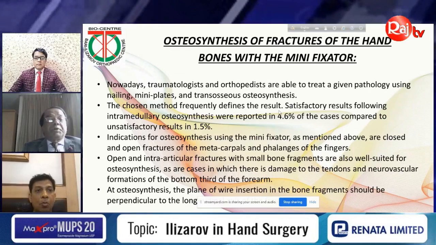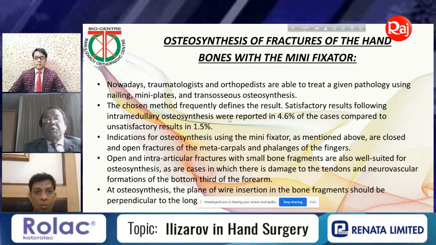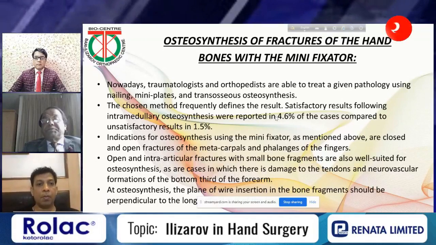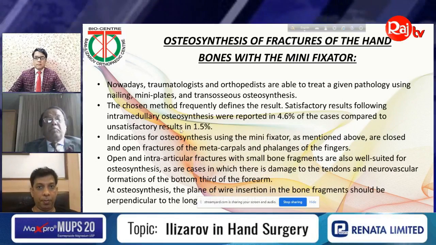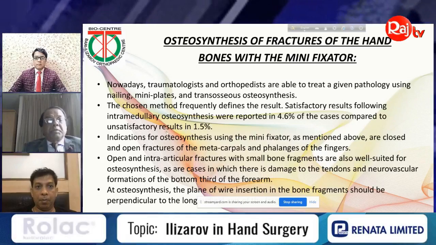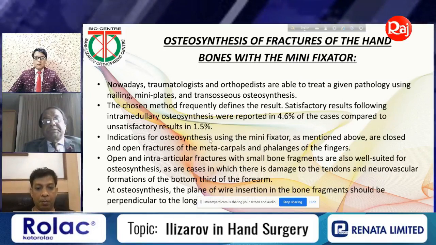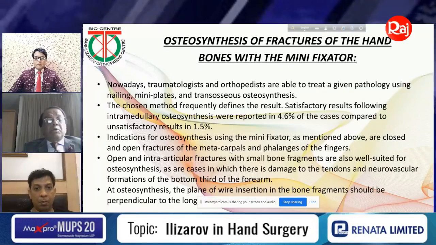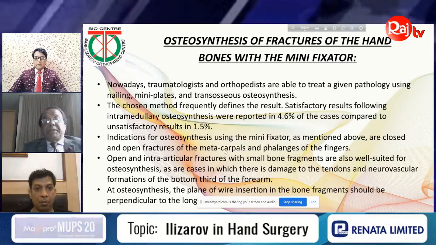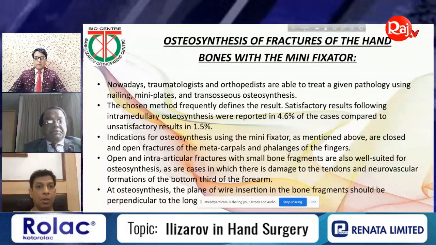Satisfactory results following intermediate osteosynthesis were reported in 4.6% of the cases compared to unsatisfactory results in 1.5%. Indications for osteosynthesis using the mini fixator, as mentioned above, are closed and open fractures of the metacarpals and phalanges of the fingers.